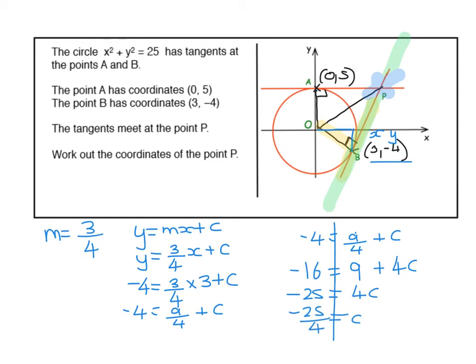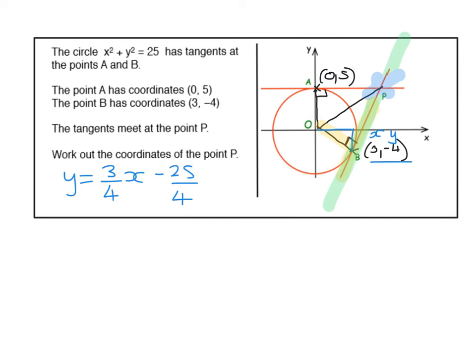So if I go back to my equation over here, I've now got the equation of this line is y equals 3/4 x minus 25 over 4. Now that I've got the equation, I can figure out the point P. I know that point P is actually on this line here, which is at the point 0, 5, x, y.